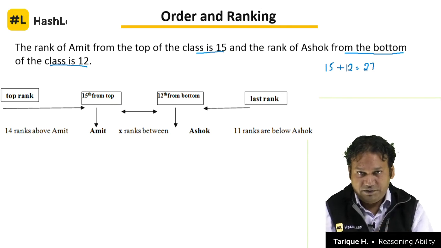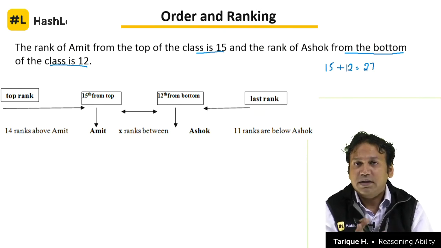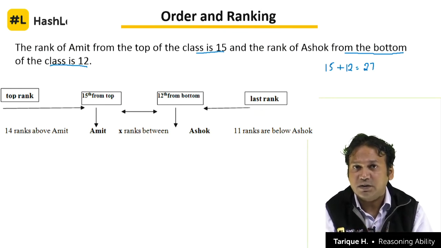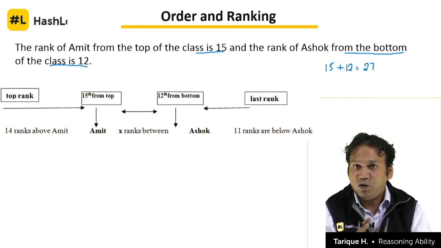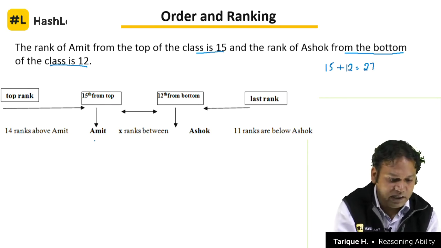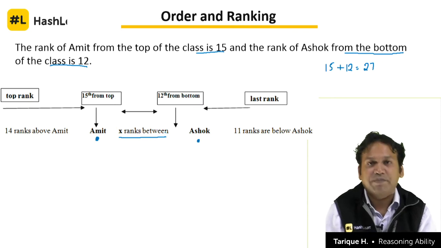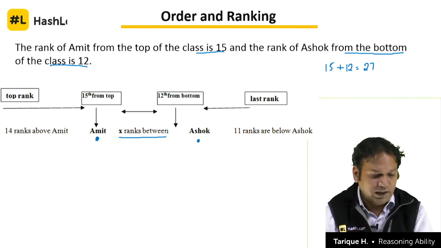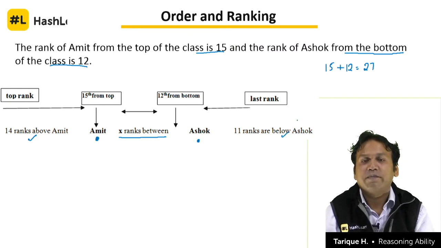Okay? That is one very important thing. If Amit's rank is 15 from the top and Ashok's rank is 12 from the bottom, this information alone does not tell us who is ranked higher between Amit and Ashok. It could be possible that Amit is ranked higher than Ashok, and there are some ranks between them, some ranks above Amit, some ranks below Ashok.